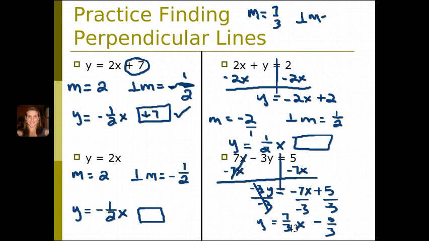So my 3 goes on the top, and the 7 goes on the bottom. Again, I can write an equation for any line that I want as long as the slope is negative 3 over 7. And you can plug any number in you want for the y-intercept.